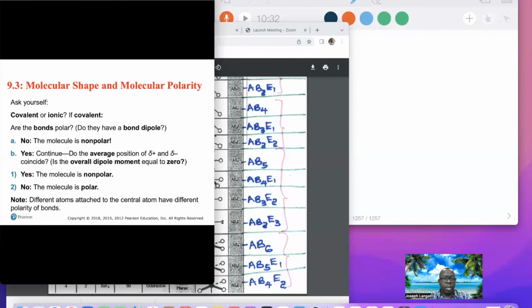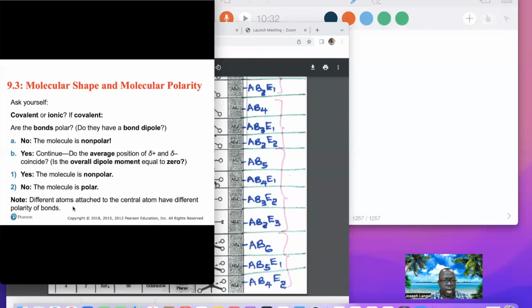We'll see this in section 9.3, molecular shape and molecular polarity. Is the molecule polar, or rather, are electrons distributed equally in the whole molecule, or does one portion of the molecule have high electron density compared to other regions? In order to describe molecular polarity, we need to understand the trend in electronegativity on the periodic table, which we covered in chapter 8.